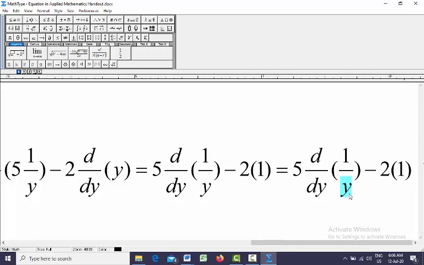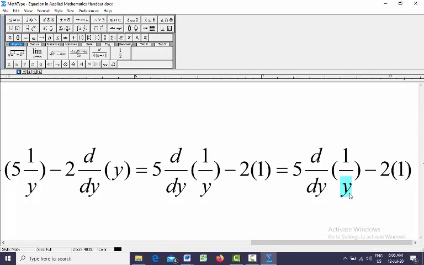The variable cannot be in the denominator. To do the differentiation, you need to bring the variable up from the denominator.